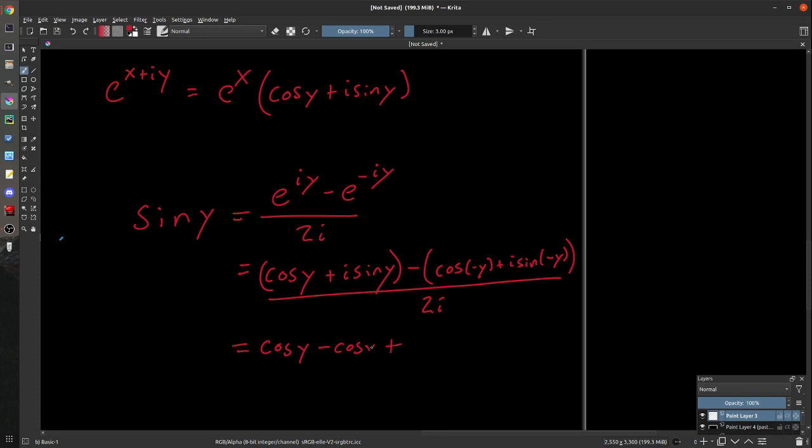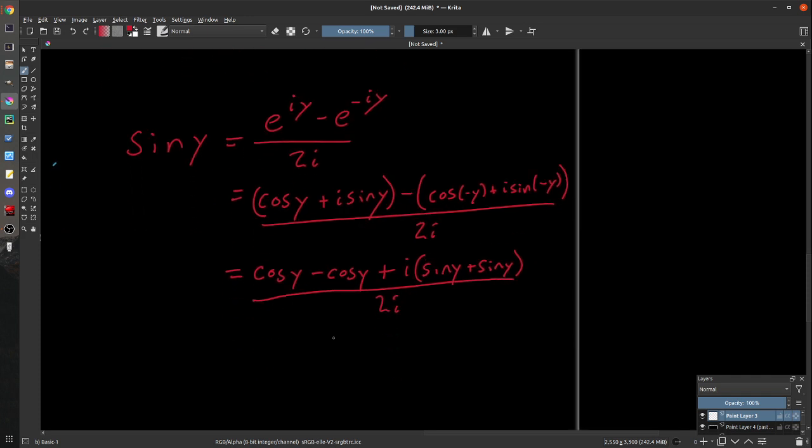Then we get plus i sine y minus i sine minus y, so that's minus and minus, that's plus, right? Plus sine y. And this will be all over 2i still. And hey, wouldn't you know it, these guys cancel. Now I've got 2i sine y over 2i, and that's just sine y, right? Hey, good enough.